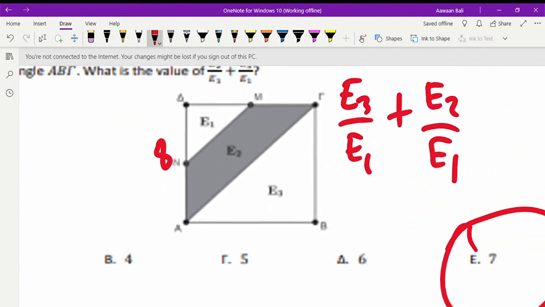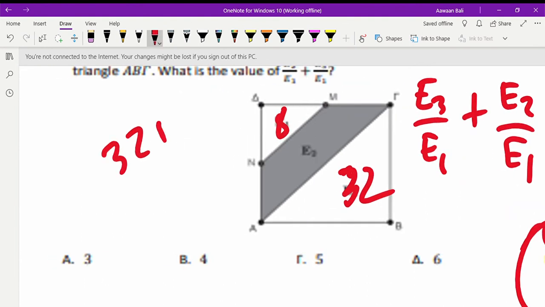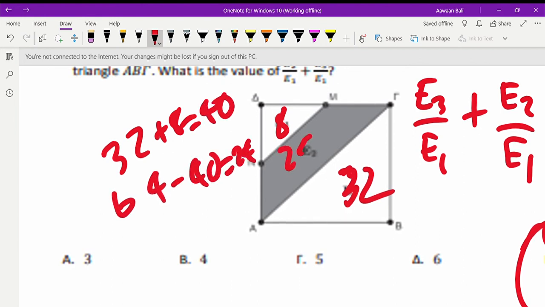The area would be 64, and half of that gives 32. The area of half of this right angle triangle is 32. And here is the midpoint, so this will become 8. And now 32 plus 8 is 40. 64 minus 40 is 24, which means this is 24.